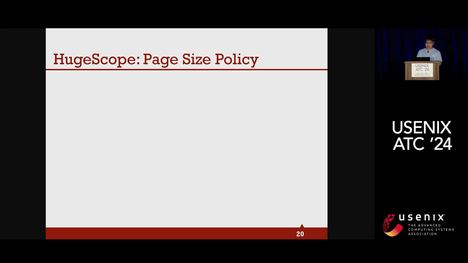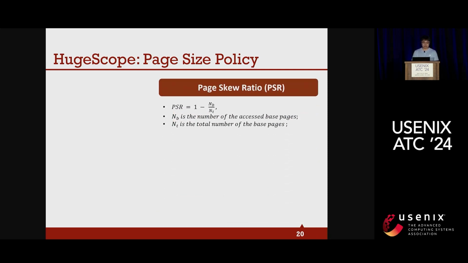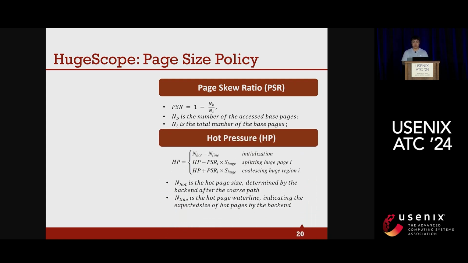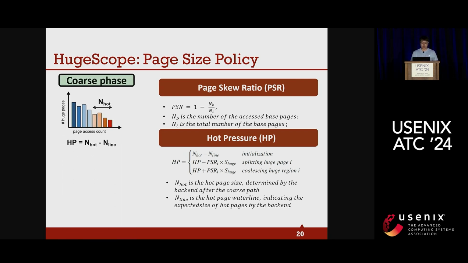Then we need to decide which pages need to be split or coalesced. First, we define page skew ratio to quantify the access skewness of a huge page. Then we define hot pressure to represent the tolerance of the system to the hot huge pages. After coarse phase tracking, HugeScope can get the initial hot pressure from the monitored hot huge page numbers and the expected huge page size.